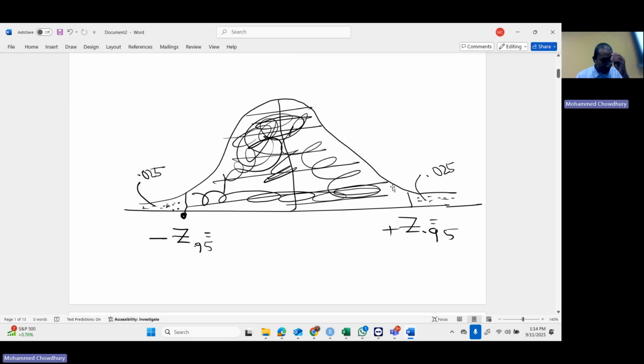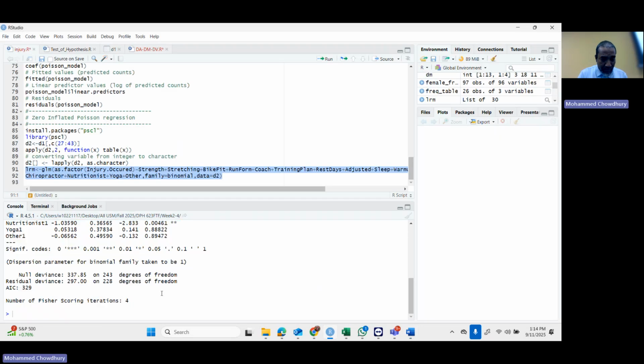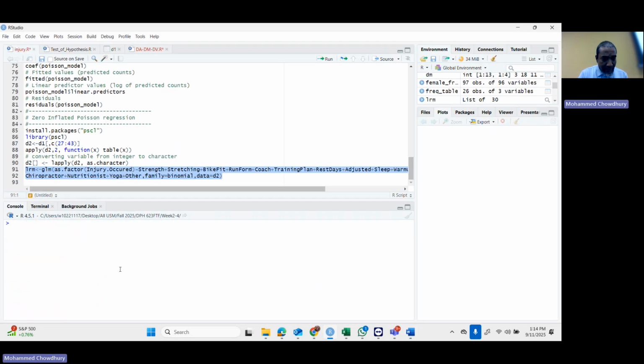Now take a look. How can I find this below? I have to go to R and come in here. And then I have to find here qnorm(0.025, 0, 1). And then I got negative 1.96, right? qnorm.